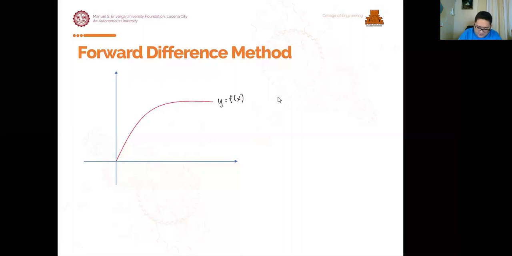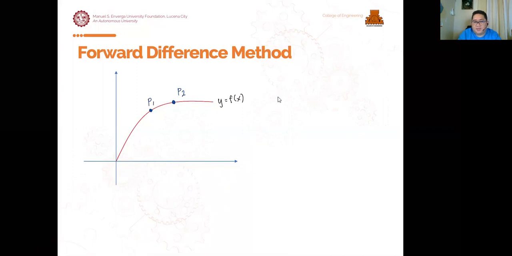Let's call our first point P1. Since we are using the forward difference method, we compare it with another point that is ahead of our initial point. This is the second point we are taking, our P2.